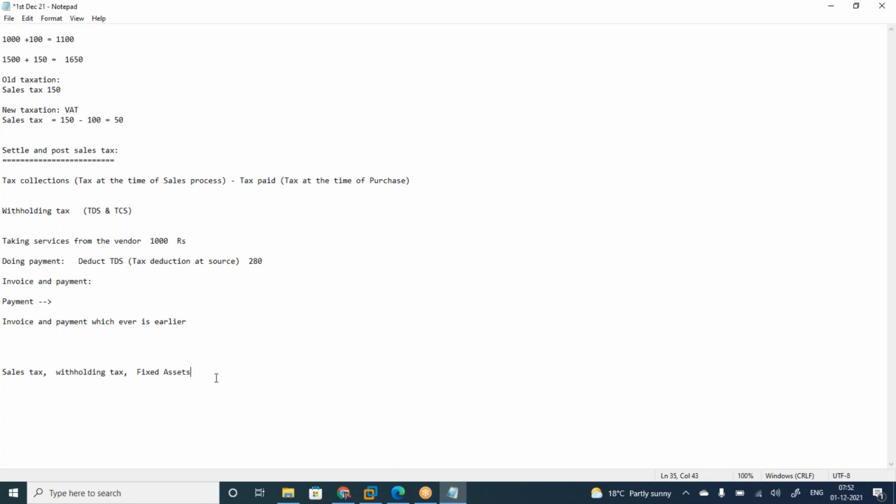These three modules, sub-modules, whatever you can say, sales tax, withholding tax, and fixed assets, these three functions will be changed a lot from one company to another company, one country to another country. The country rules will be changed a lot between all these three. All these three functions will have drastic change from one country to another country.